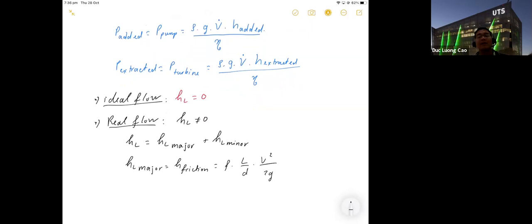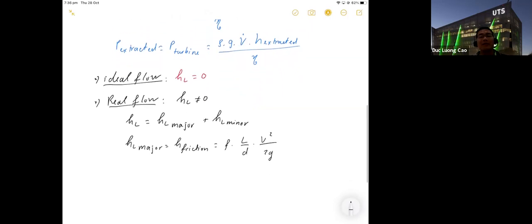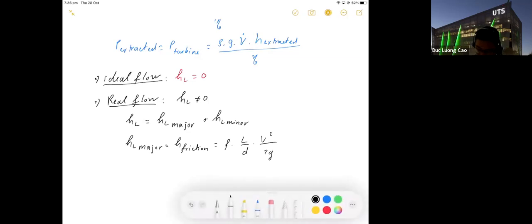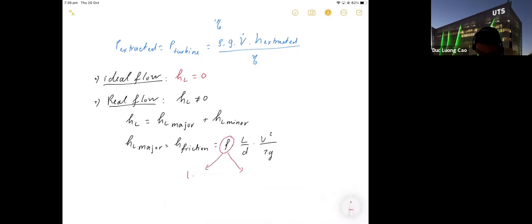Lab 1. Here f is the friction coefficient or friction factor. So do you remember how to find f? We did it so many times. To find f, you have to know whether the flow is laminar or turbulent.